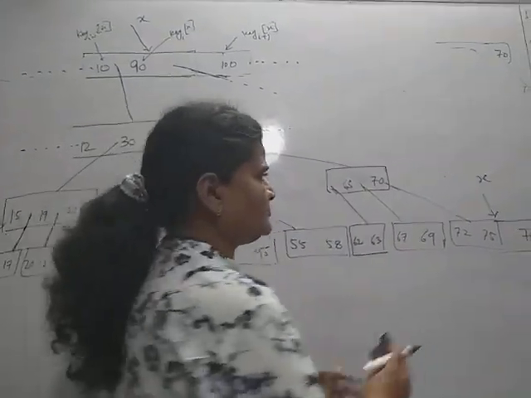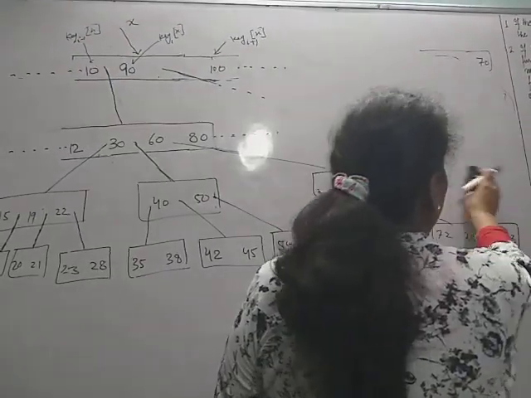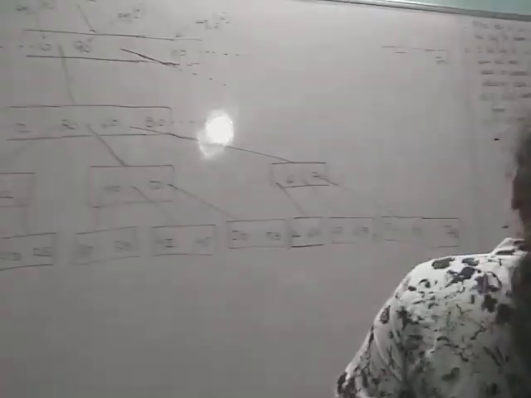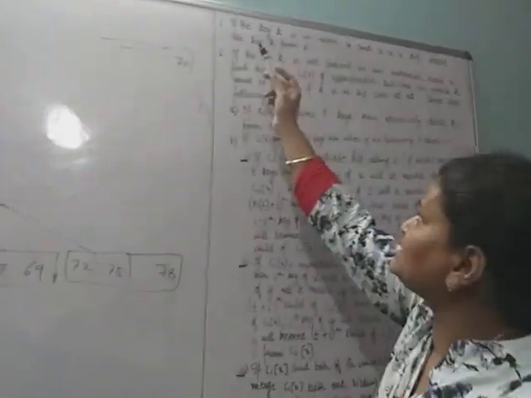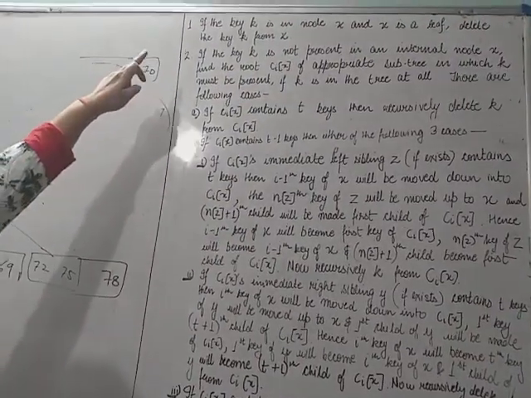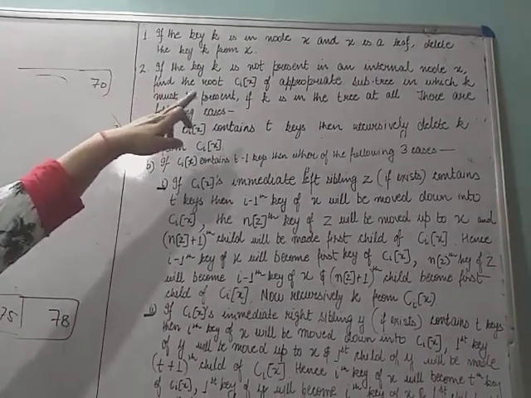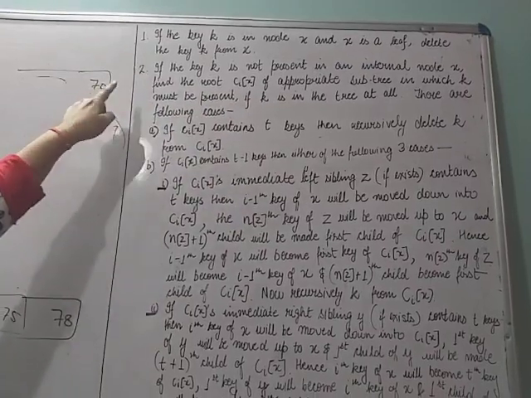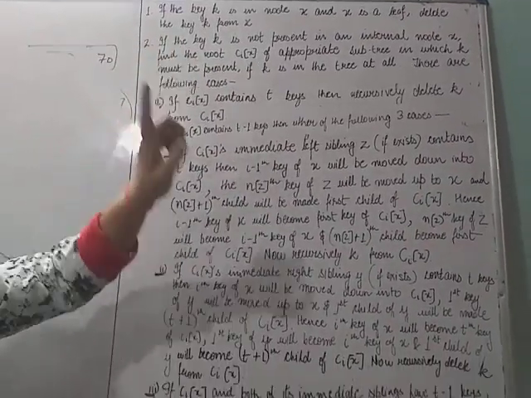Now, here I have written the steps. This is the first step of the recursive procedure: if key k is in the node x and x is a leaf, delete the key k from x.